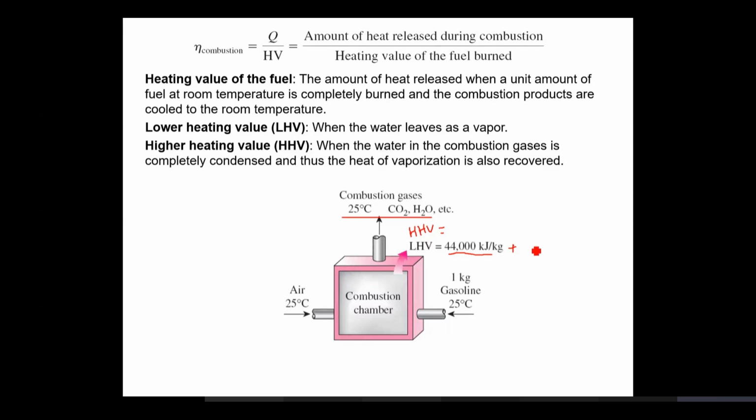That energy would not have been used in the case of higher heating value, because the water would be leaving in the form of liquid. So the energy required to convert water into water vapors would not have been used, so higher heating value would be more than the lower heating value. Is the point clear to you? Yes. All right.